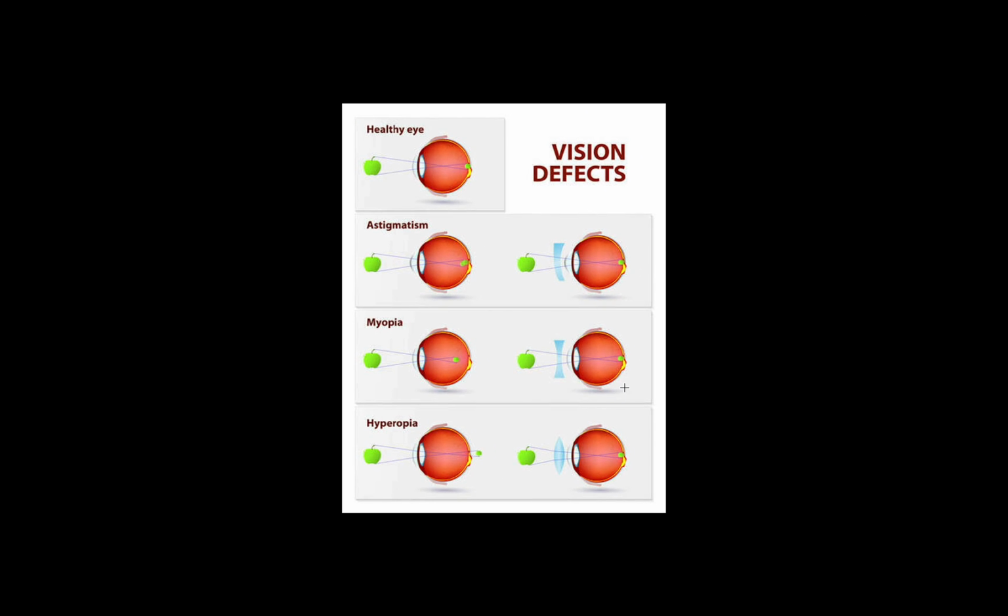There is one more called presbyopia. Presbyopia is where, if you get older, your lens is trying to accommodate or be pulled out, stretched out by the ciliary muscles, and it can't do that, or it can't go back to a nice round shape when it needs to see close up.